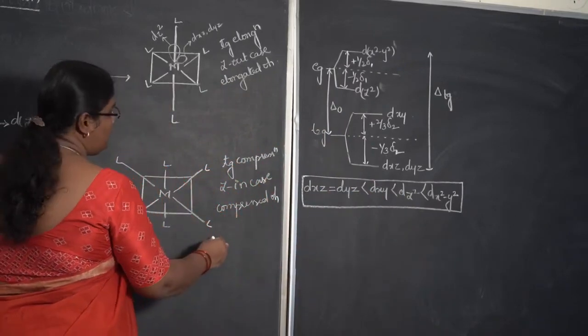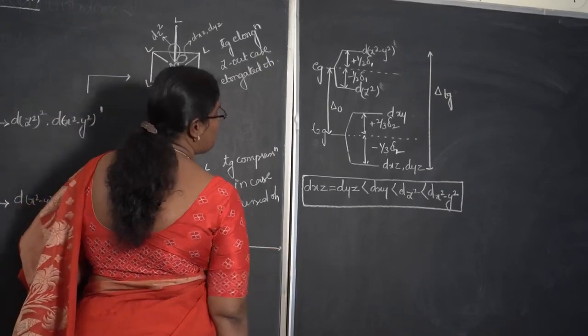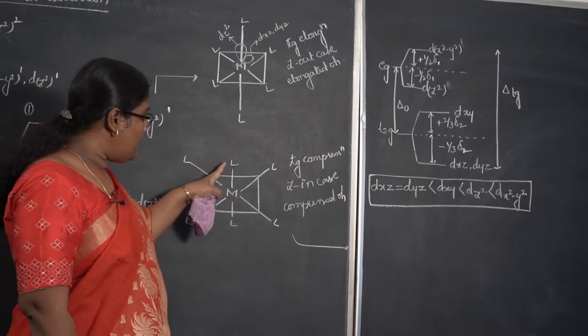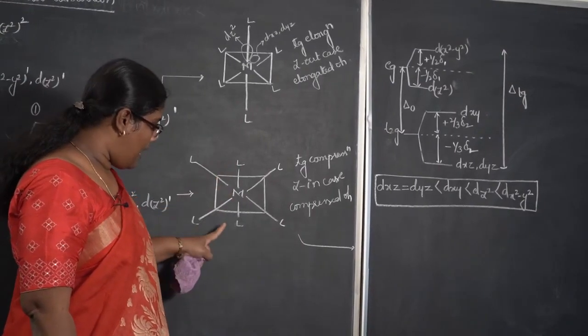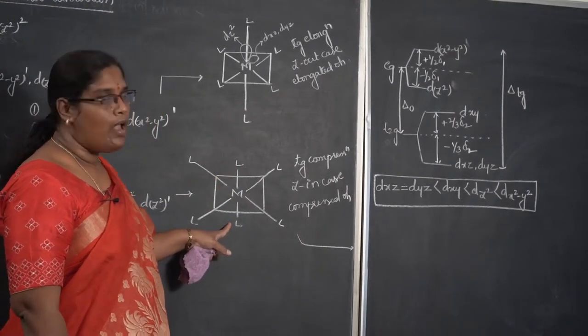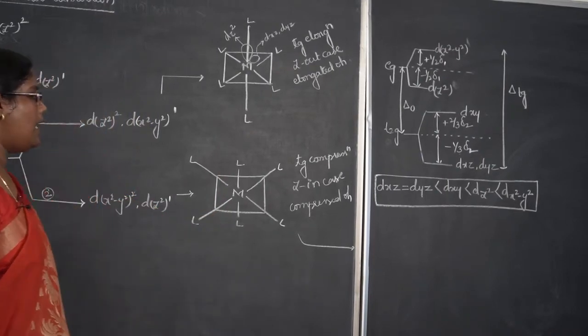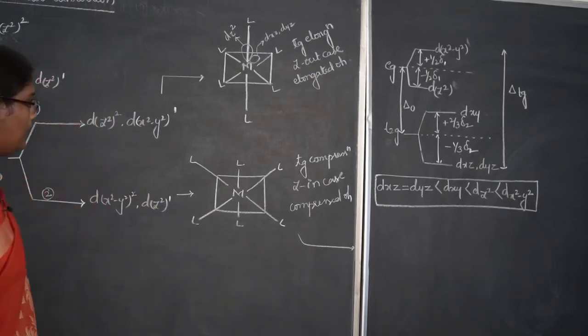Now when we come to the second case, that is tetragonal compression. In this, the ligands along the z-axis are close to the metal.